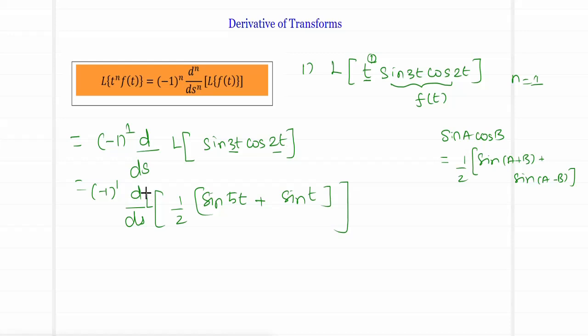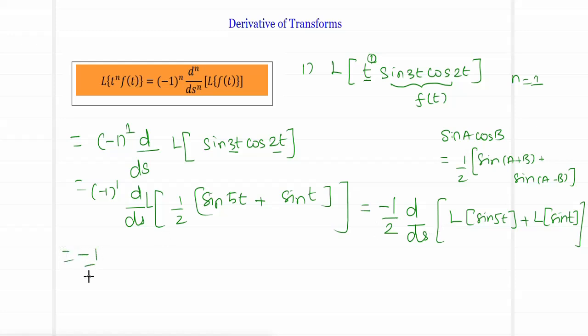This half being a constant, I can take it outside. So it comes out as minus half, because I have a (−1)^n. Now this becomes d/ds of Laplace of sin 5t plus Laplace of sin t, for which I need to find the derivative.